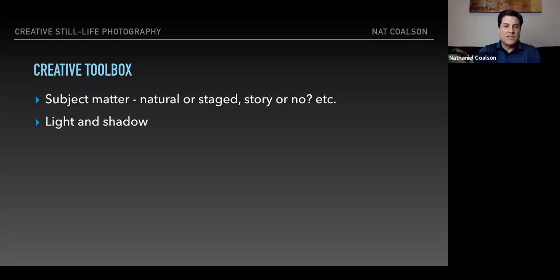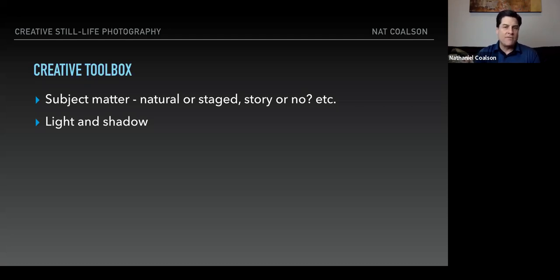The use of light and shadow obviously could take many, many more webinar sessions to look at, but you want to practice reading the light and how the appearance or the effect of shadows is influencing your pictures, and decide whether or not you want to manipulate the light. I generally don't use artificial light.